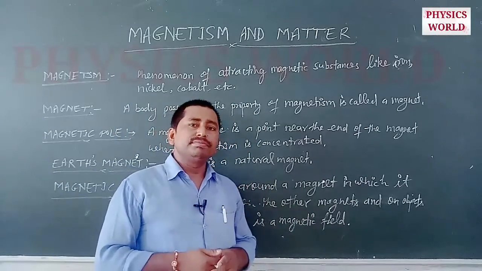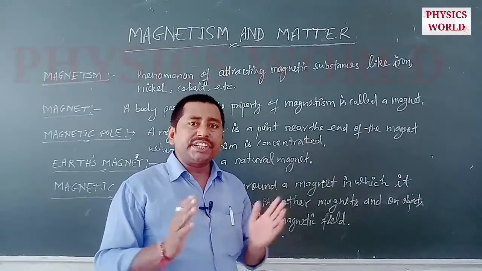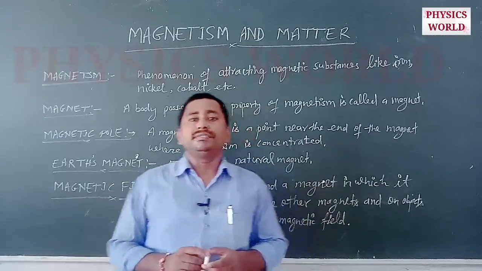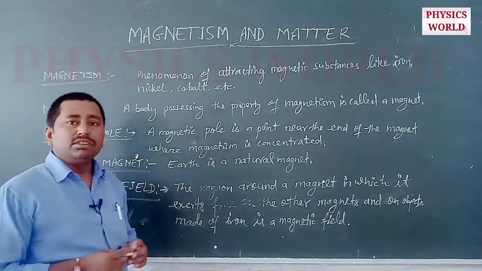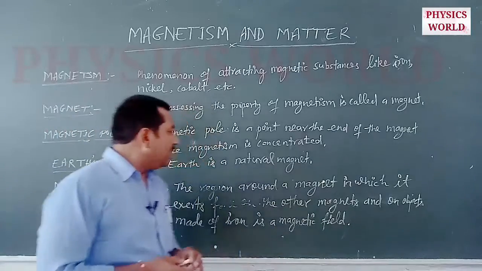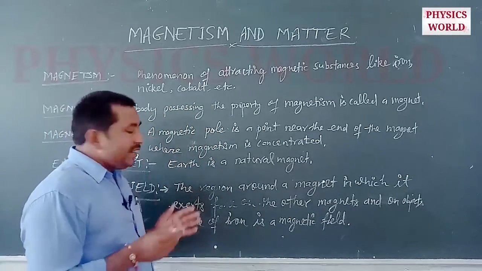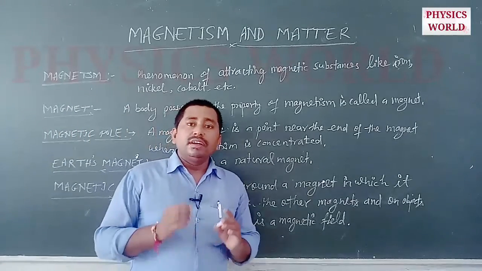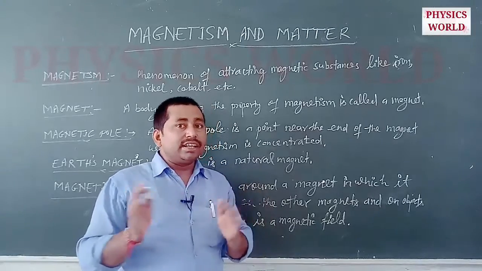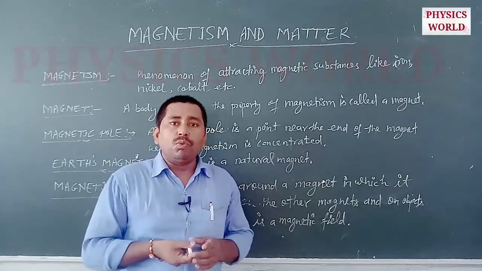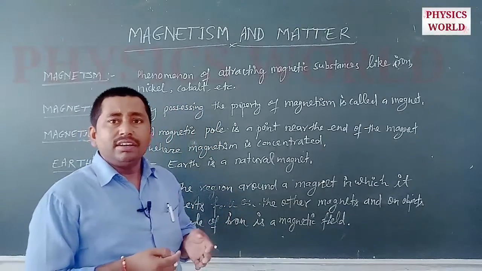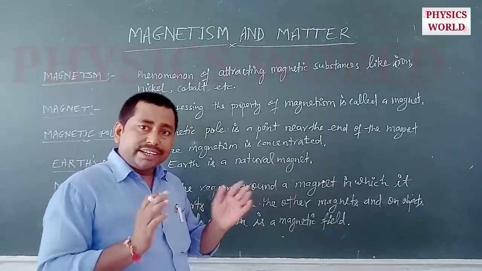In the victory chariot of Huang Ti, a Chinese king, there was a statue made of iron, and the iron contained a magnetic property.